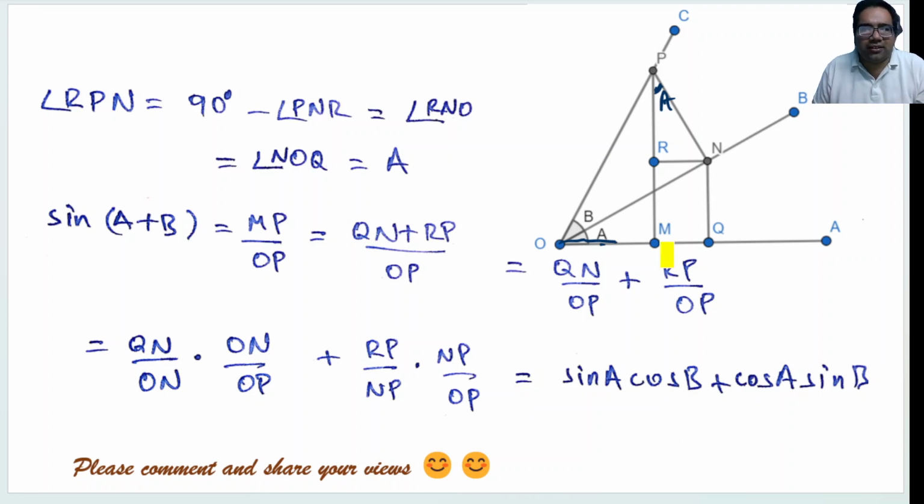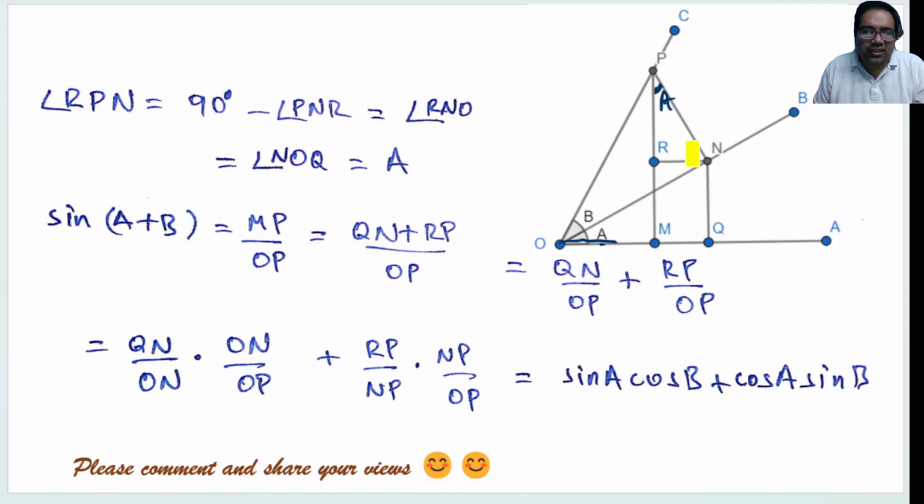We did a very simple thing. We took a random point on OC and drew perpendiculars to both the lines PM and PN. From this N, we again drew perpendiculars to OA and to PM.